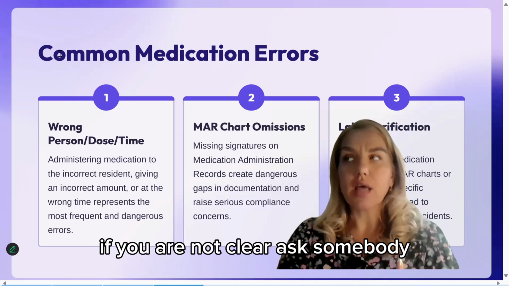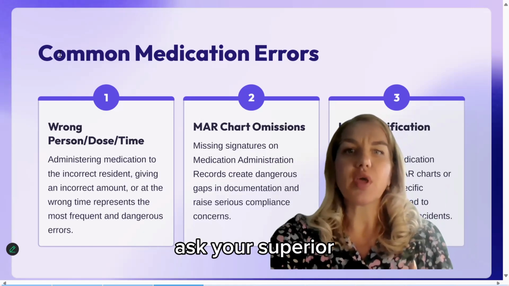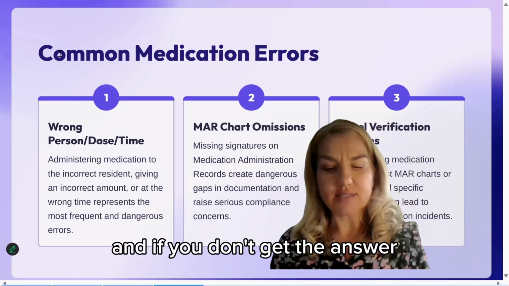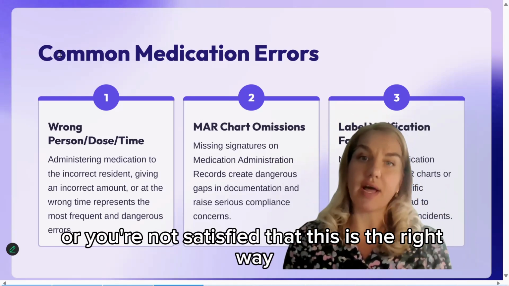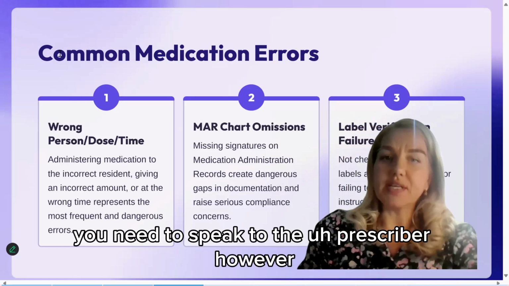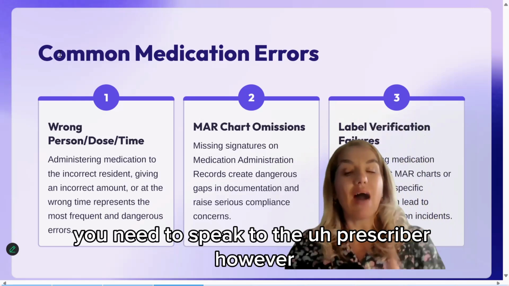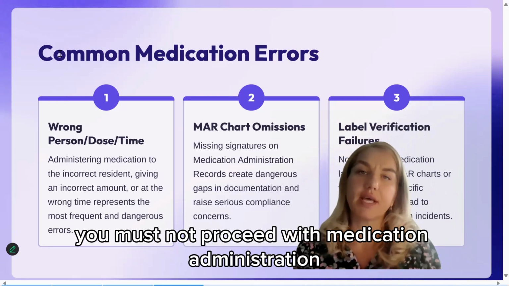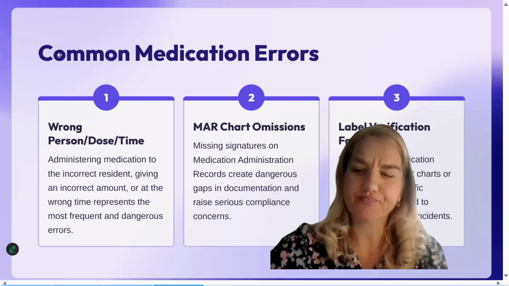If you're not clear, ask somebody, ask your superior. And if you don't get the answer or you're not satisfied that this is the right way, then you need to speak to the prescriber. If you're not sure about any of those things, you must not proceed with medication administration.